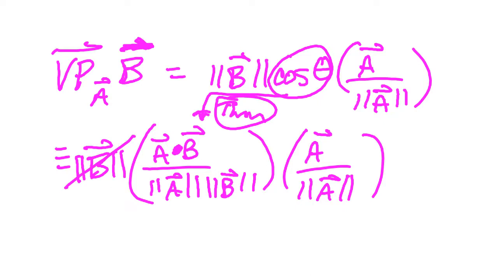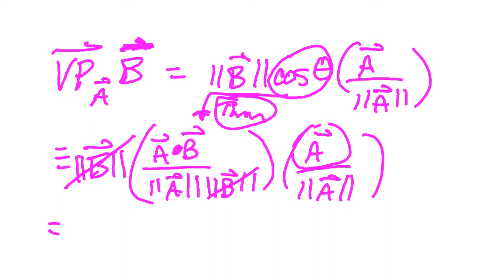Well, if you notice, the norm of B vectors, those are scalars, those would cancel out, and then the number part, A vector is not a number, it's a vector, but the rest of these, A vector dot B vector is a number, the norm of A vector is a number.